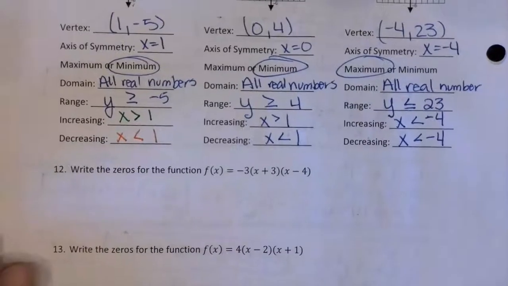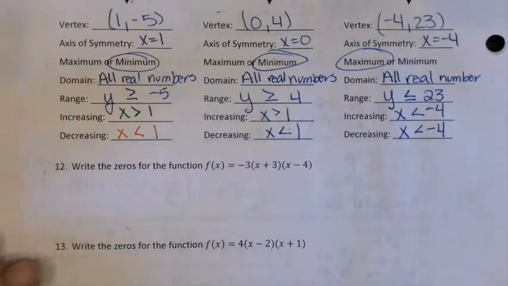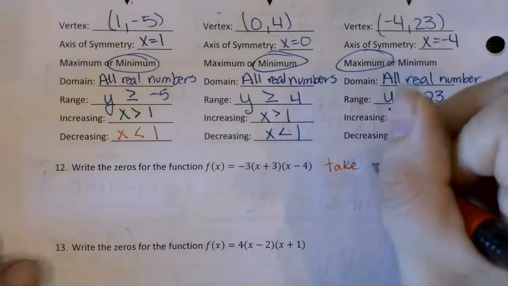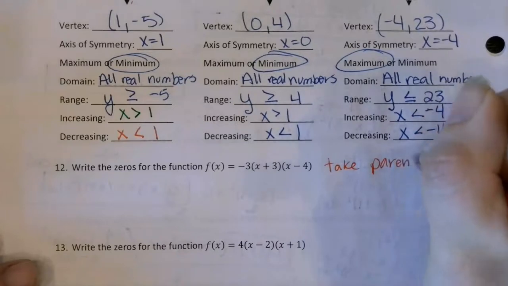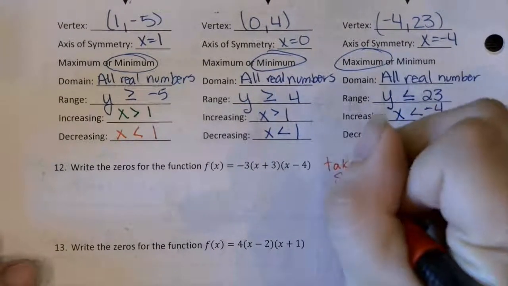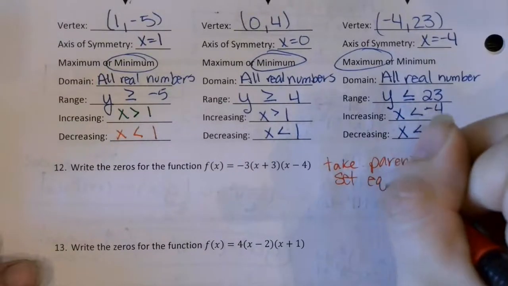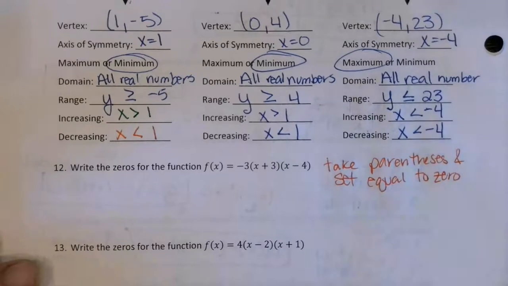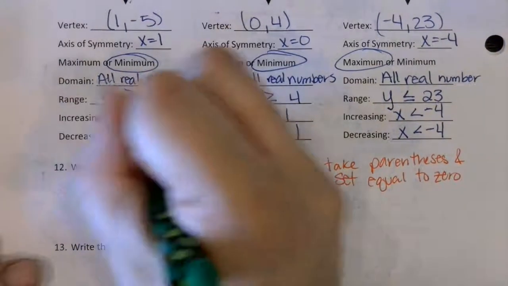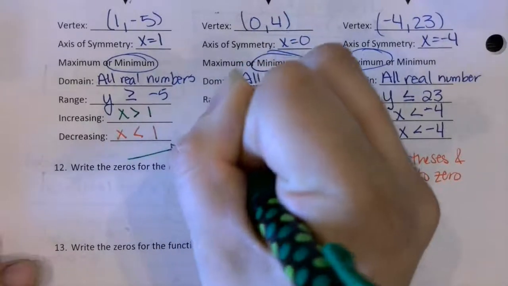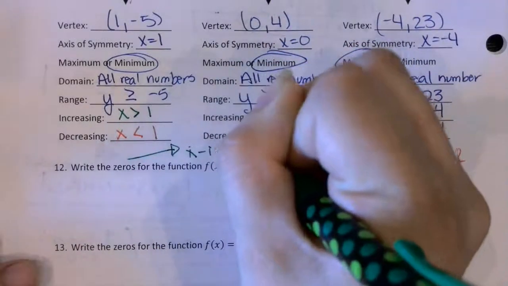When it asks me to write the zeros for a function, I just take the parentheses and set equal to 0. Oh, and something else. Zeros means x-intercepts, so where it's crossing the x-axis.